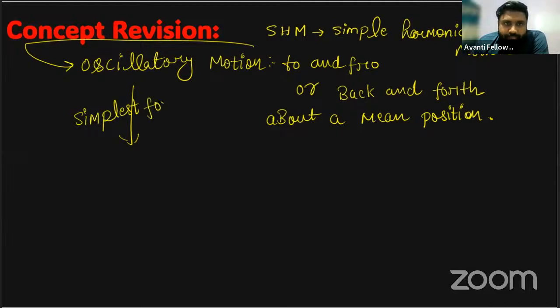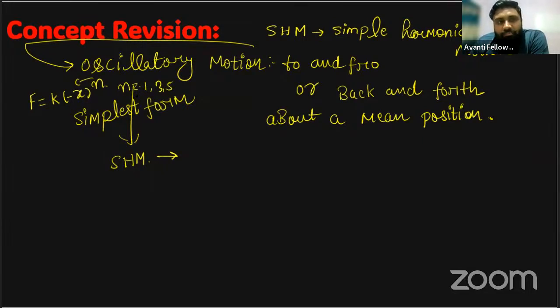The simplest form of oscillatory motion is SHM. If you talk about the force equation of oscillatory motion, it is F equals minus K into X raised to the power N, where N is an odd integer: 1, 3, 5.